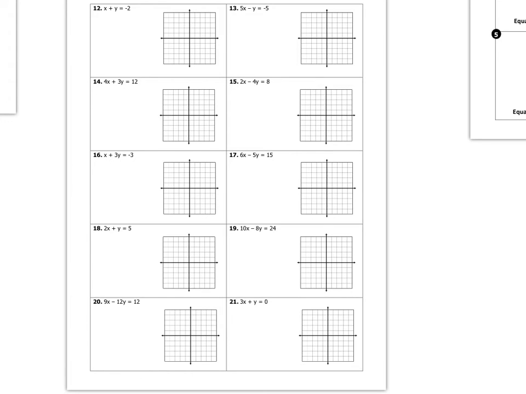If you're feeling good about graphing those on your own, feel free to do that. If you're not feeling great about them, I'll graph some with you. Once you feel good, go ahead and pause. I'll do a couple, then I'll show you what the graphs really turn out to be. Okay, here we go.